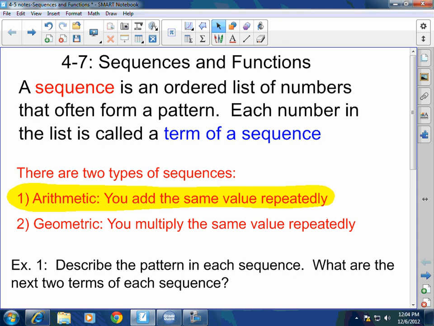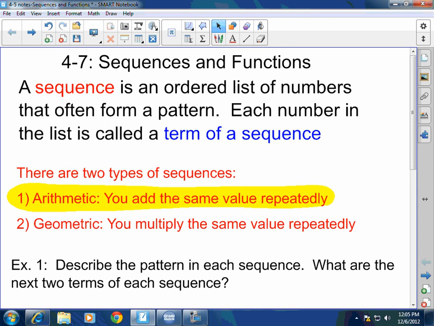A geometric sequence, which again, we're only going to see a little tiny bit of geometric, but I want to explain the difference. A geometric sequence is when you multiply the same value repeatedly. Now that number that you're multiplying could be negative, it could be positive, it could be a fraction.